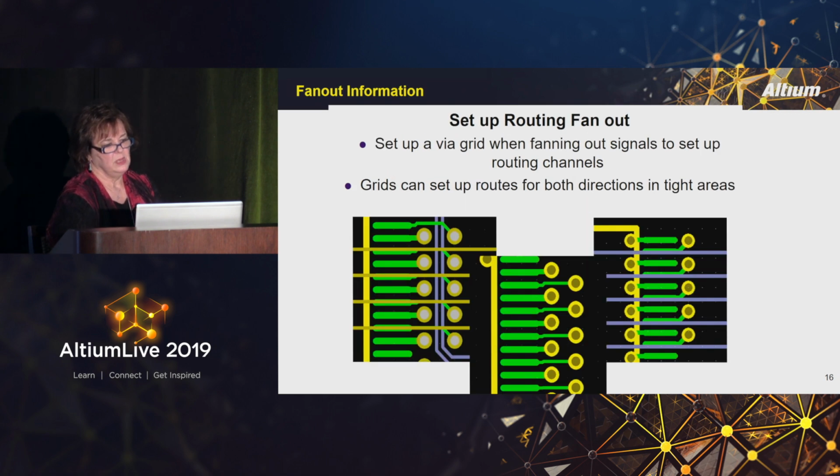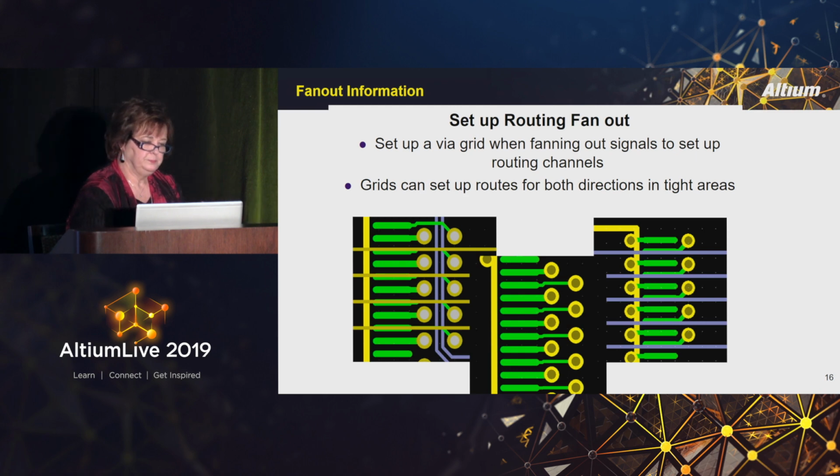Switching gears now, once we're past all the physics, we're into more of the things that you can do on the board. One of the things that I like to do is set up the fan-out vias into a pattern of sorts.